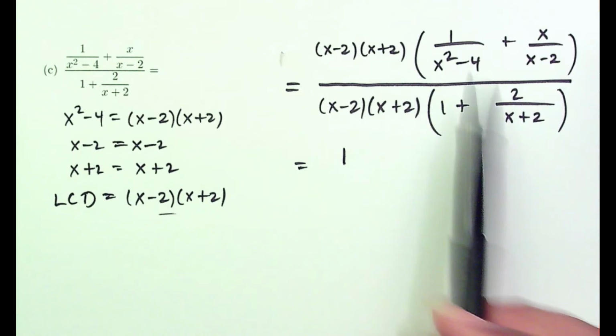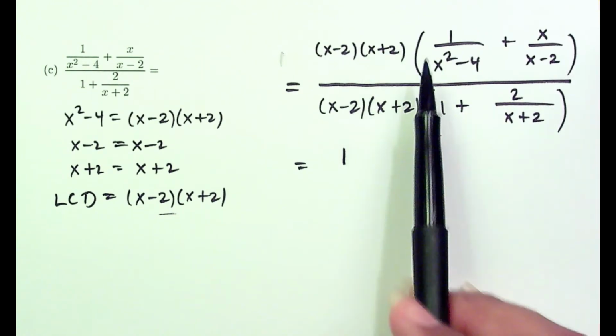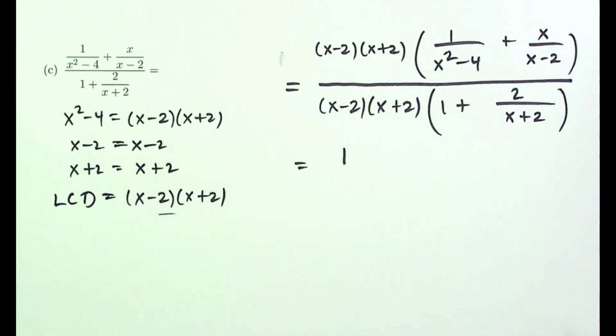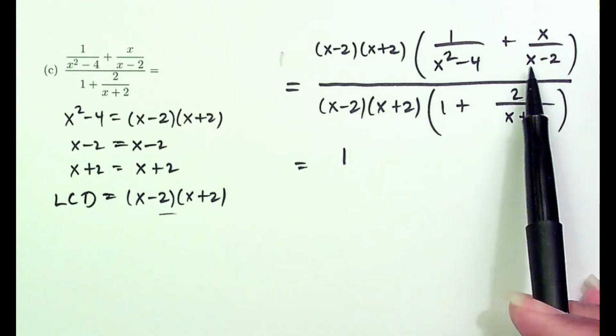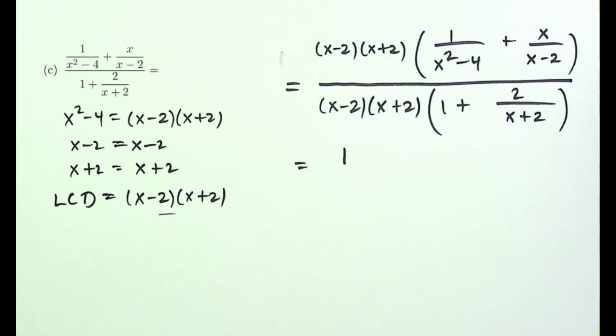So that bottom is exactly the same as this top right here, so both of them are going to cancel, and you're just going to end up with 1. Then when you multiply that one by that one, the x minus 2 is going to cancel, and you're going to be left with x plus 2.